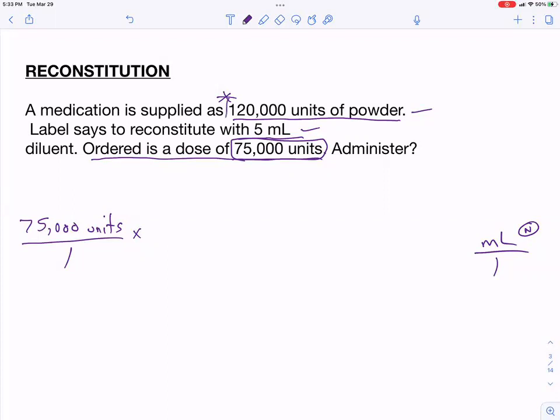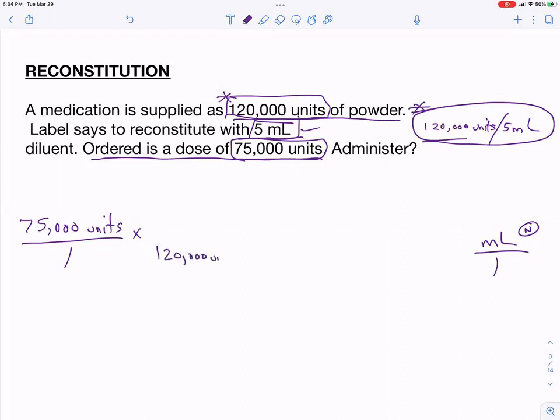Well, 120,000 units mixed with 5 milliliters is basically saying there's 120,000 units in 5 ml. That is exactly what that means. So I can use this in my equation.